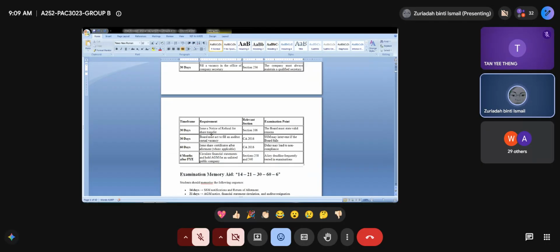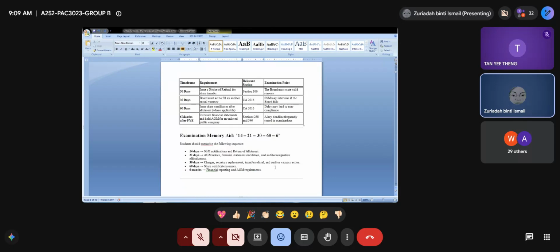Along the way, circulating the financial statement has to be done within 6 months. This deadline is very important and is going to be tested in your final assessment as well.